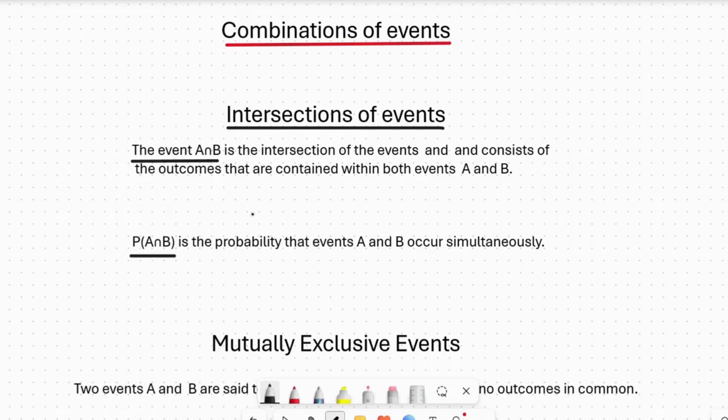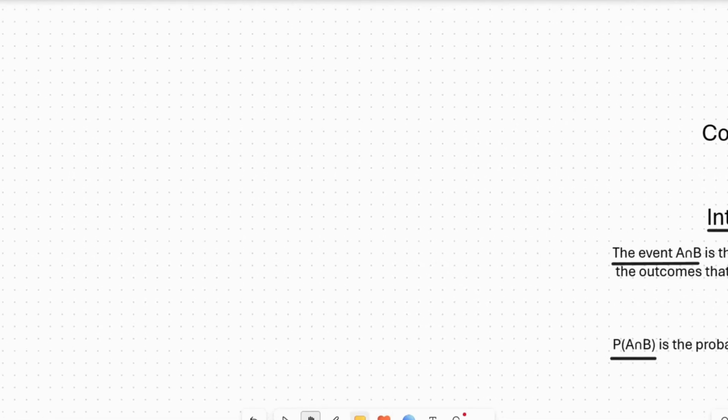So what does A intersection B mean? For example, this is the set U. This is very small, so I write a bigger set here.